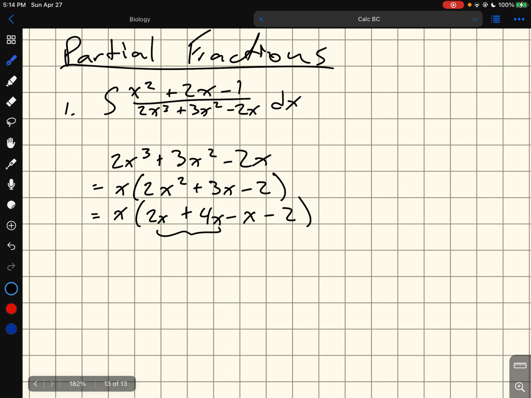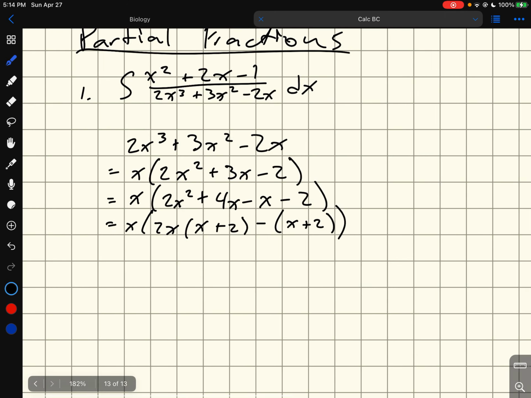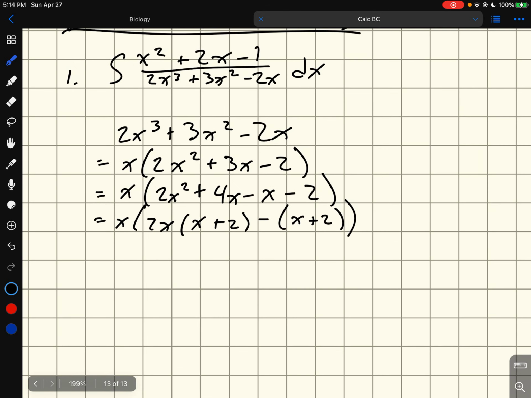And this we can factor again into 2x, and then this becomes x plus 2. And then we're going to factor a negative 1 out there, so we have x plus 2 here. It feels kind of like cheating, but hey, it works.